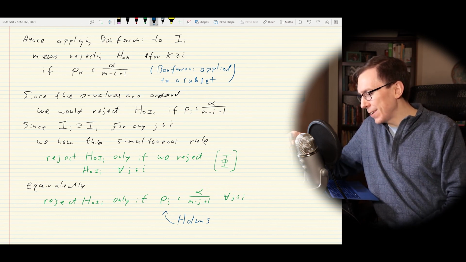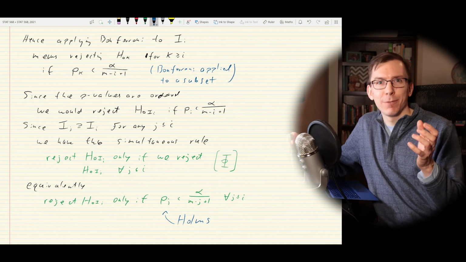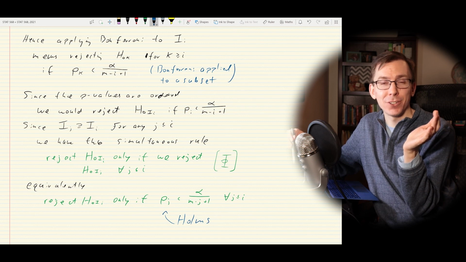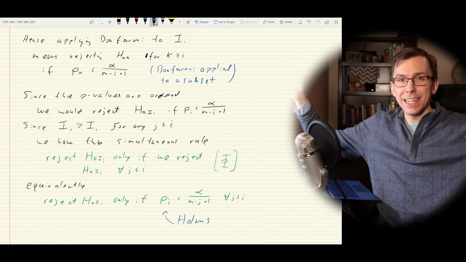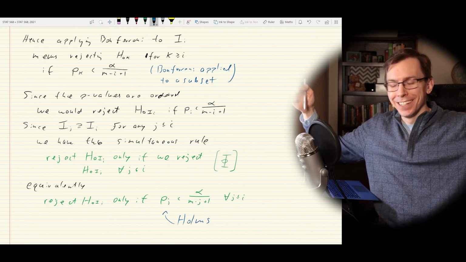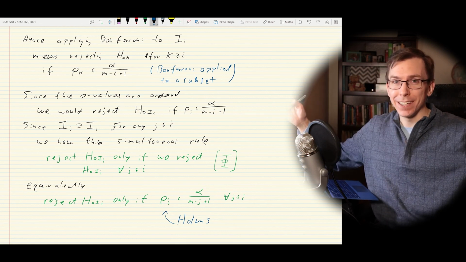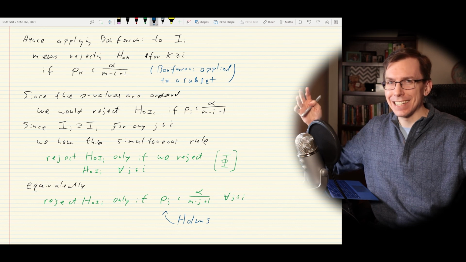So it's basically saying, if I want to consider rejecting I sub I, the ith p-value, I should already consider the bigger sets, which are the I sub j's, which contain more p-values because j is less than I.